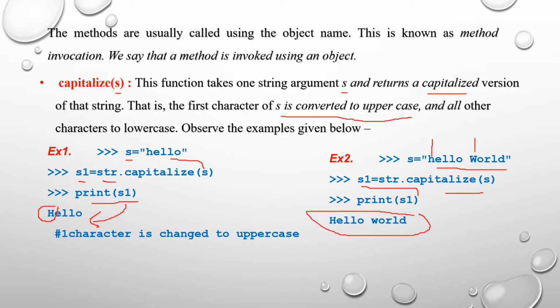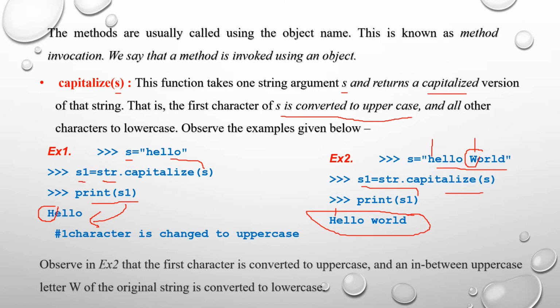It changes h into capital letter H and capital letter W into small letter w. So observe in example 2 that the first character is converted into uppercase, and the uppercase letter W in the original string is converted to lowercase. So this is the use case of capitalize.